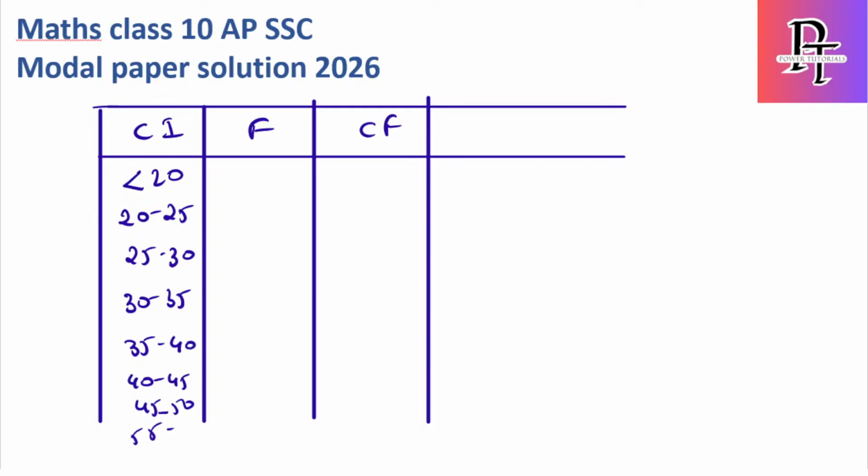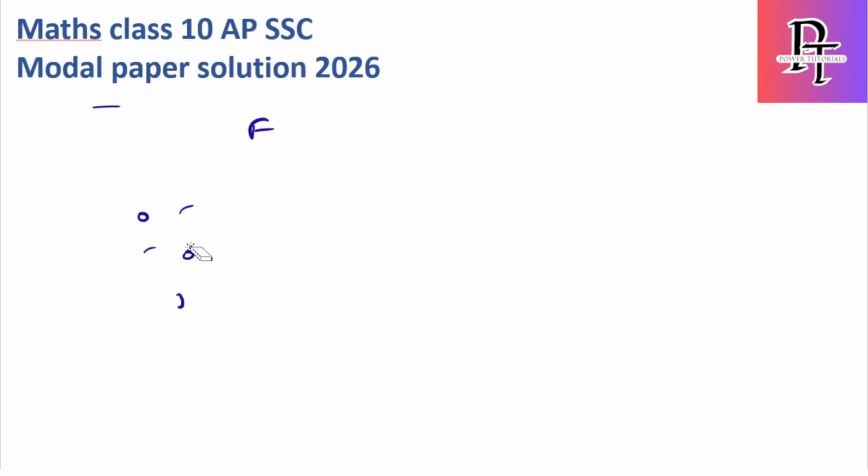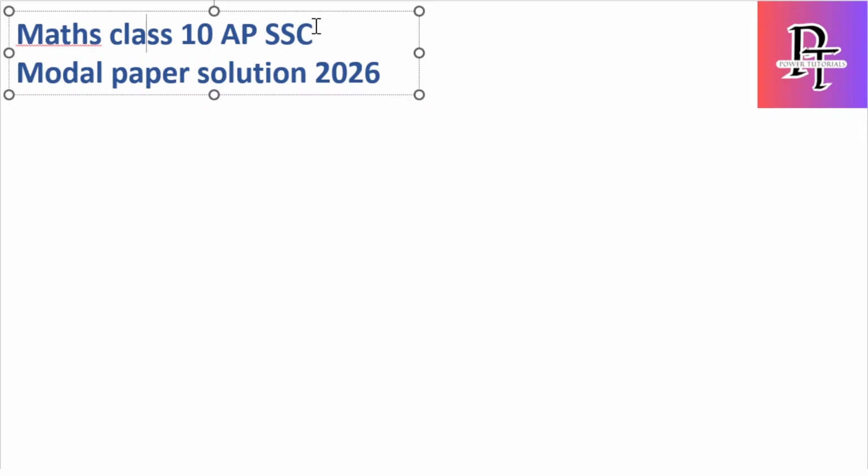Do one thing, let me change the table, because the table is lengthy, so if I write in this way, it will not be sufficient. Let me just change something so that it will be easy. Just remove this section for this question.